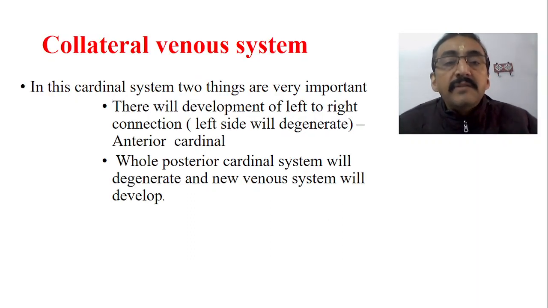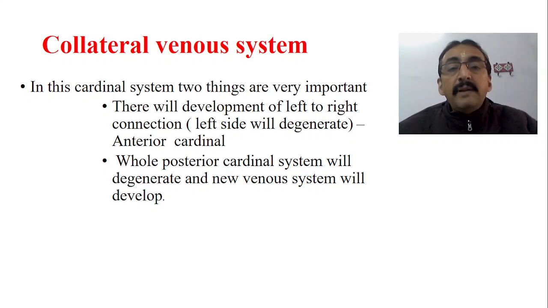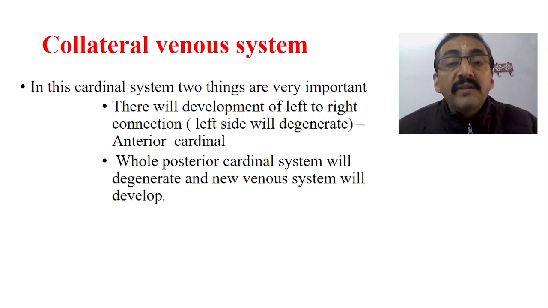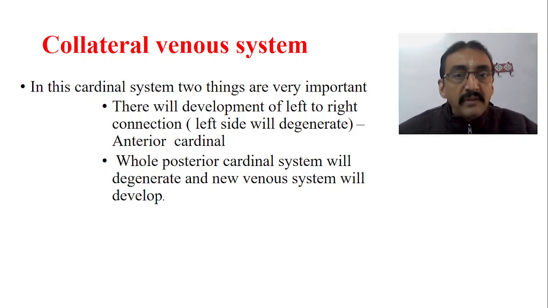Now, in the cardinal system, two things are very important. There will be development of a left to right connection. The left side will disintegrate or degenerate, and the whole posterior cardinal system will degenerate and a new venous system will develop. These are the two important things taking place in the collateral venous system.